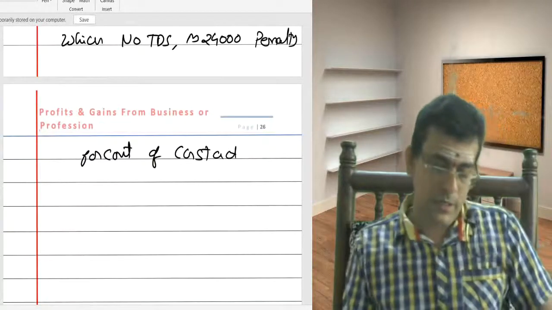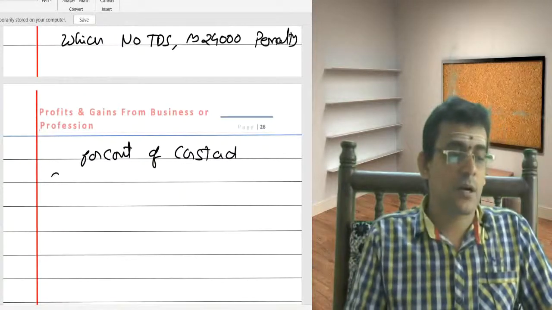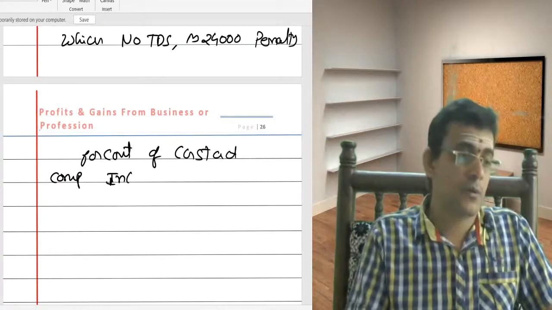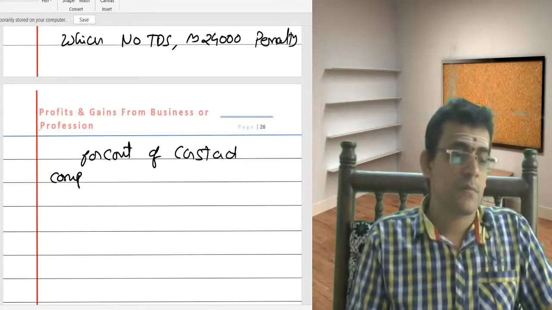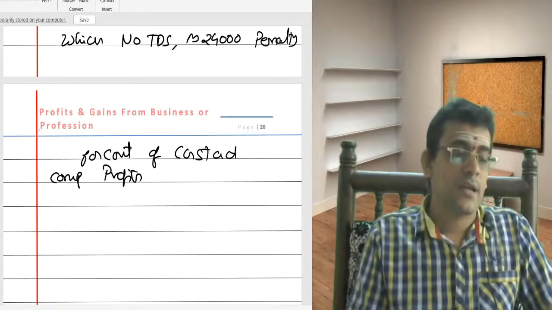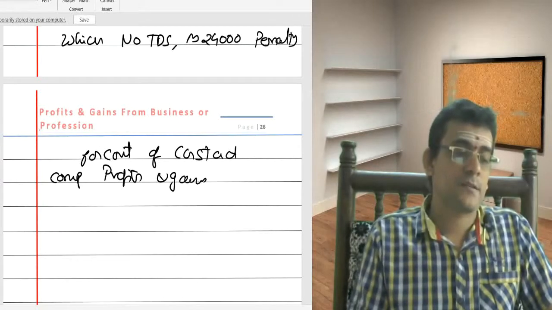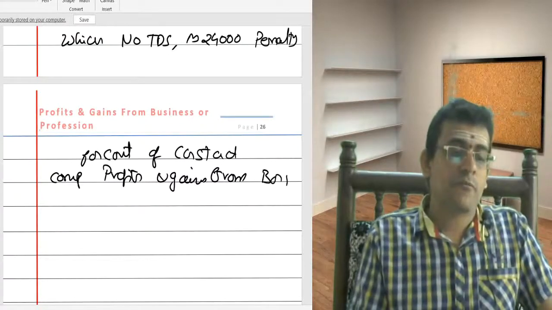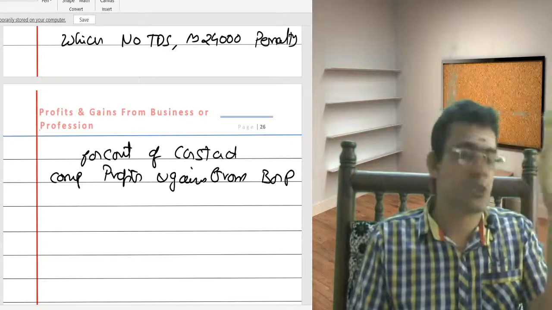Now that is the given information. What is required? Compute income, compute profits and gains from business or profession. You are supposed to compute profits and gains from business or profession, section 29. We need to go to section 29.